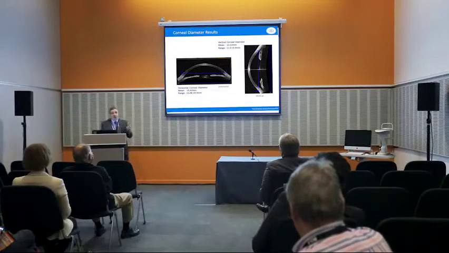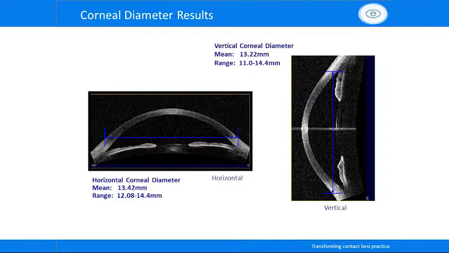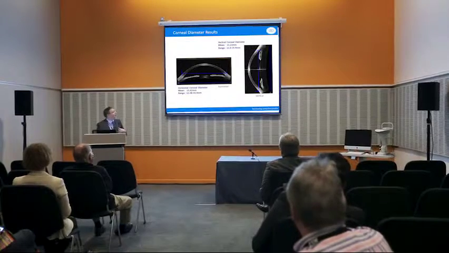So, looking at that same study of 408 eyes, we took a look at the different diameters. A lot of measures, and a lot of contact lens texts, and certainly most manufacturers, specify prescribing your contact lens in terms of HVID. But in actual fact, if you look at some of those measures with ASOCT, as we've already seen, the transition is actually outside the area of the HVID.